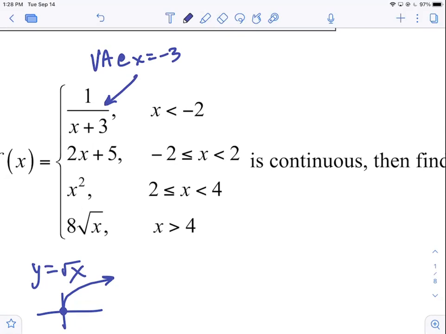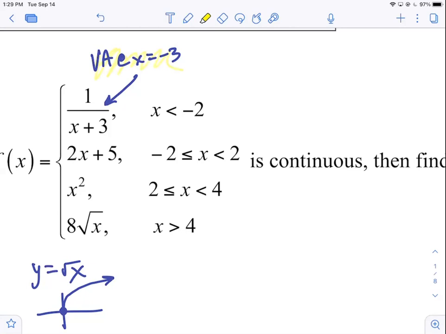That's what piecewise functions are all about. Where are they defined? Well, this piecewise function says, hey, use that piece everywhere to the left of -2. Is -3 to the left of -2? It is. So we will see that vertical asymptote. So we know right away we already found one place where that function is not continuous.